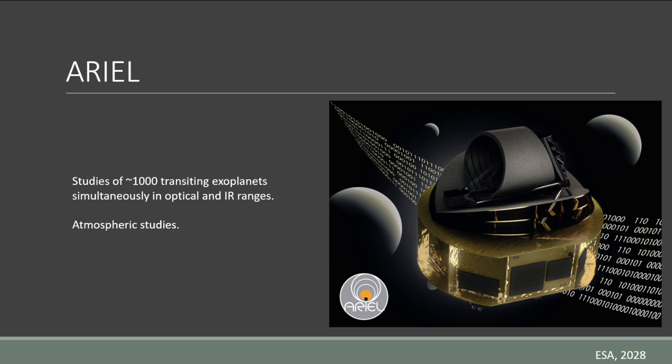It will study atmospheres, so it will measure spectra of roughly 1,000, at least many hundreds of exoplanets, and unfortunately, it will not be able to measure parameters of Earth-like planets. They are too small, but it will increase significantly our knowledge about atmospheres of giants and super-Earths.